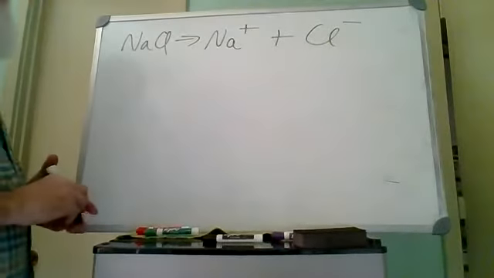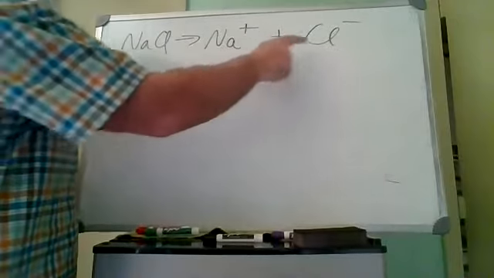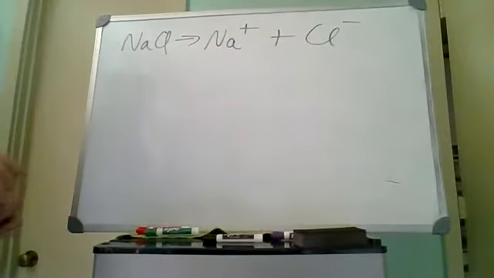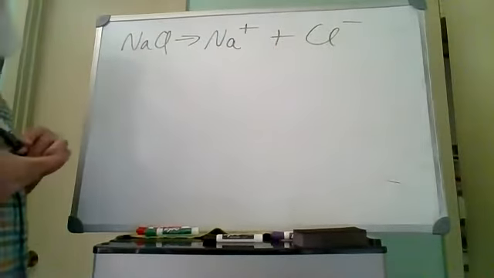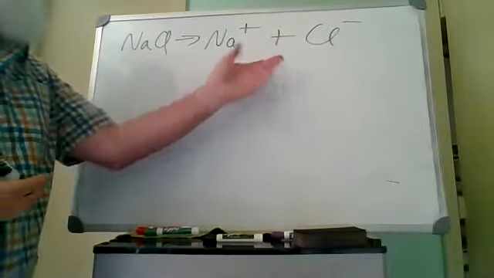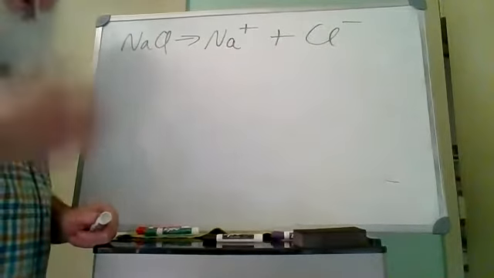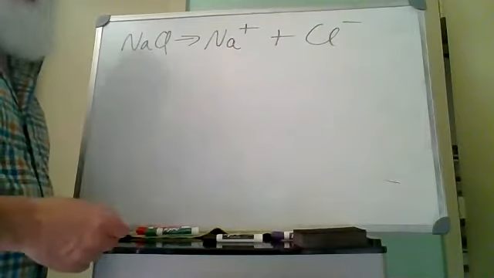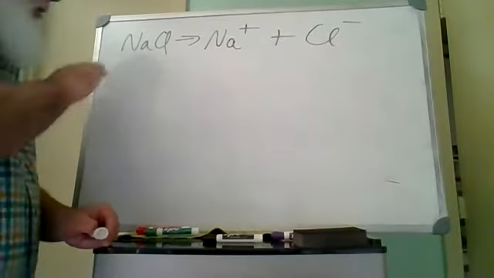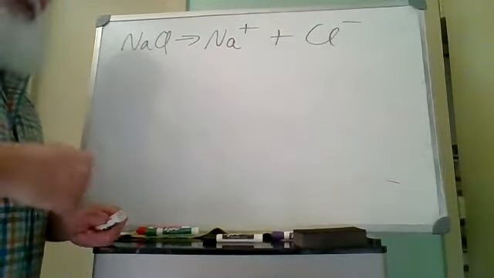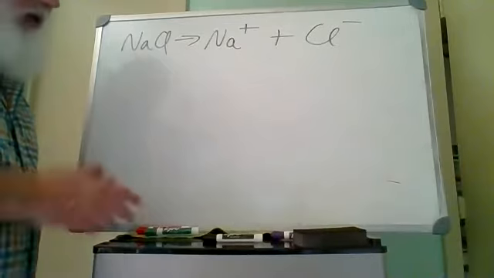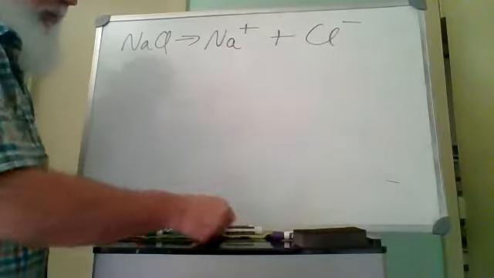This is the cation of a strong base, this is the anion of a strong acid. Neither of them react with water, so we should expect a solution of sodium chloride to be neither acidic or basic. So we should expect the pH of any sodium chloride solution to be right around 7.0, assuming there's no other chemicals in the water.